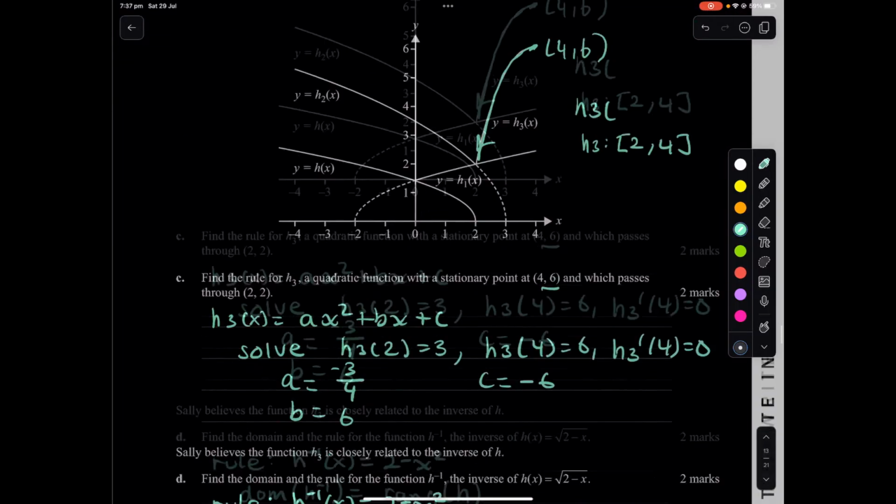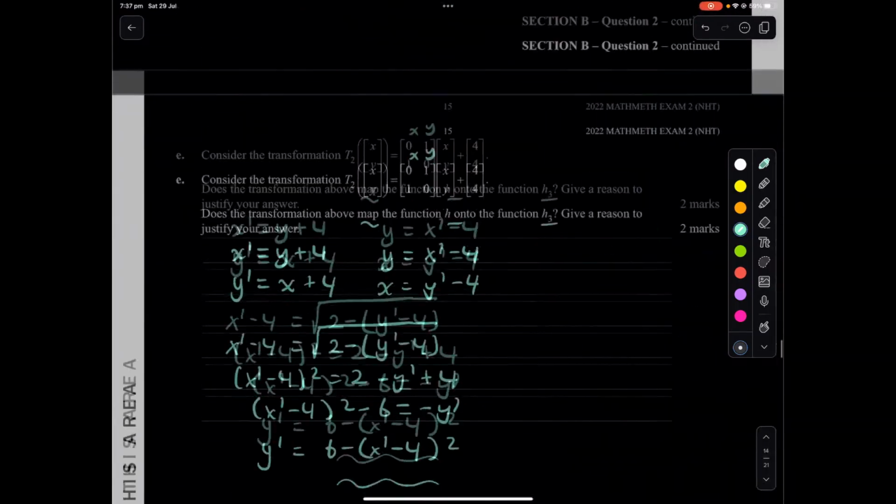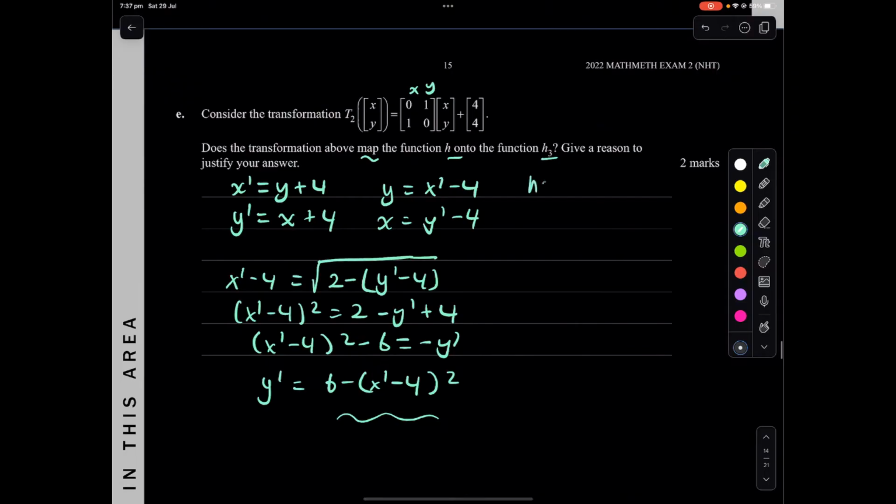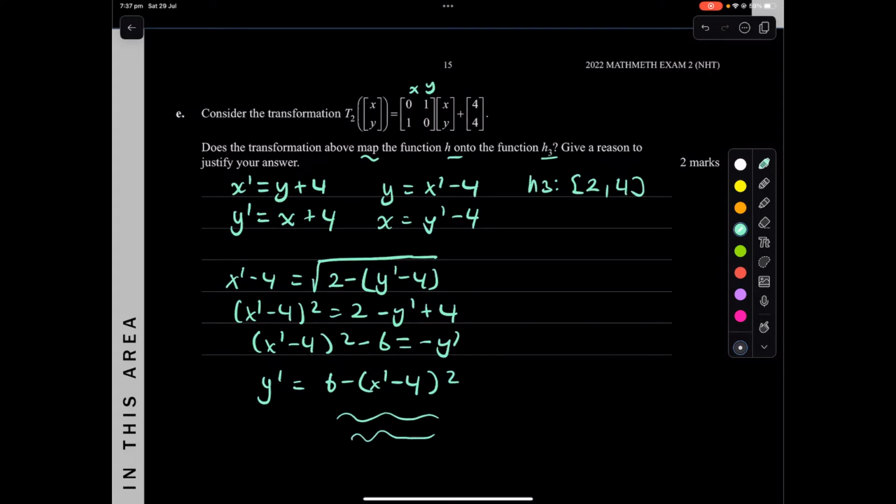That's where the domain is of h3. And what about the domain for this function over here? Well, the domain for your y dash, which is your h, is just x is greater than or equal to 4.